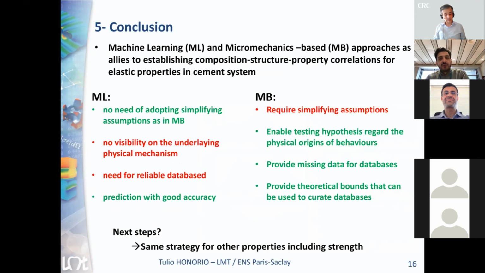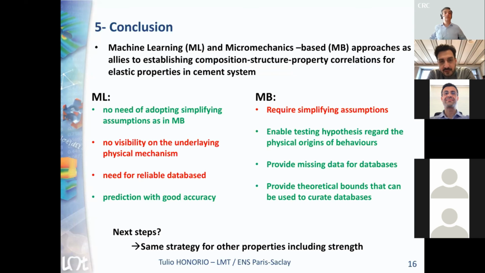Okay, so to conclude, what I have proposed here is to combine machine learning and micromechanics-based approaches as allies to establish composition-microstructure-property correlations in cement-based materials, starting from the elastic properties.